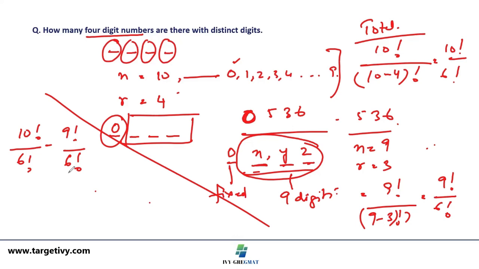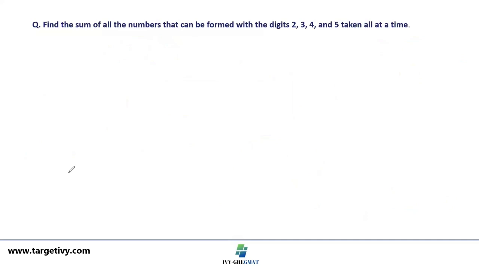Find the sum of all the numbers that can be formed by the digits 2, 3, 4, and 5 taken all at a time. So this is a bit of a different question. So the sum of all the numbers that can be formed by these 4 numbers. So we have got a fixed number of digits.